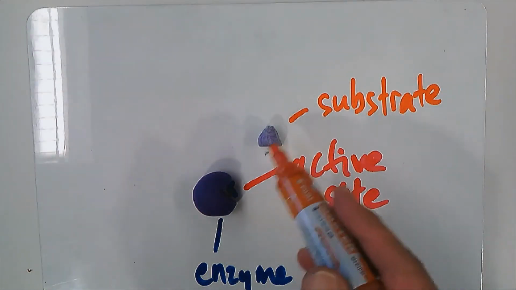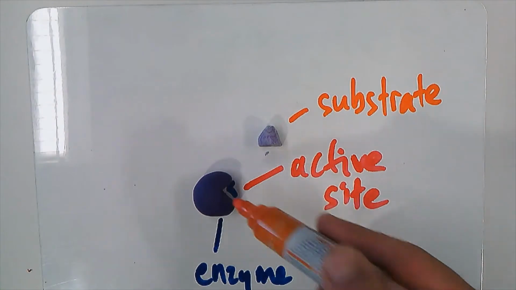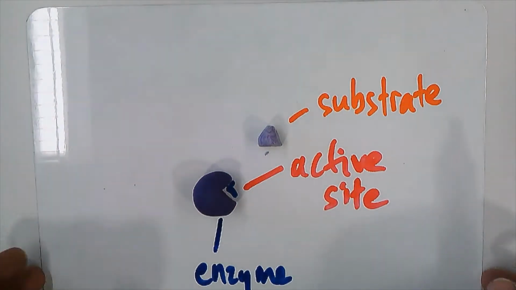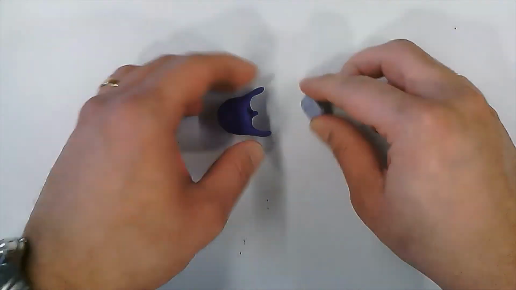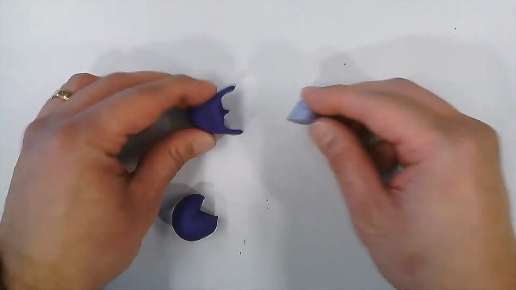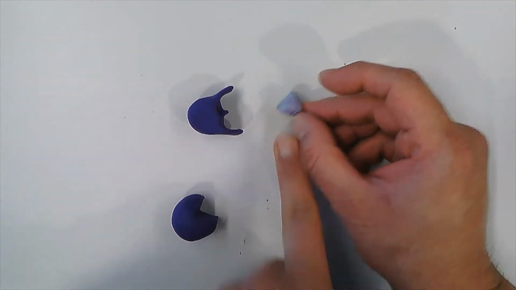This one particular substrate has the right shape that fits into the enzyme. If we look back at the other enzyme from before, you will note that this enzyme does not fit that substrate. Therefore, that enzyme cannot work on that particular substrate.